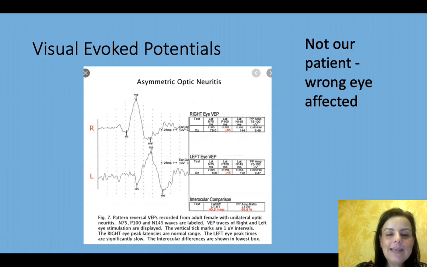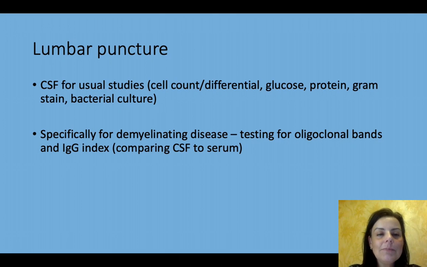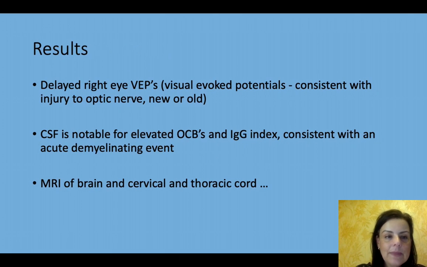And they note a latency. So there's a big latency in the left optic nerve. It goes there right away in the right, but there's a latency in the left, and that fits with demyelination, with an injury. So, okay, lumbar puncture, we already talked about that.